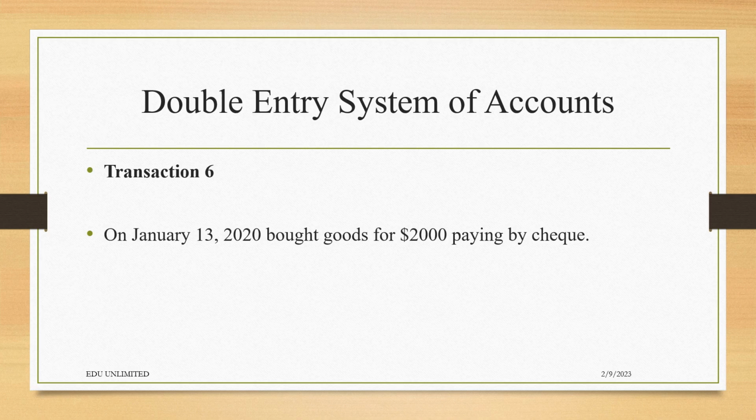Transaction number 6. On January 13, 2020, we bought goods for $2,000 paying by check, so that the two accounts concerned, let's pull up the marker, we circle bought goods. Once we see bought goods, we know that this is purchases.